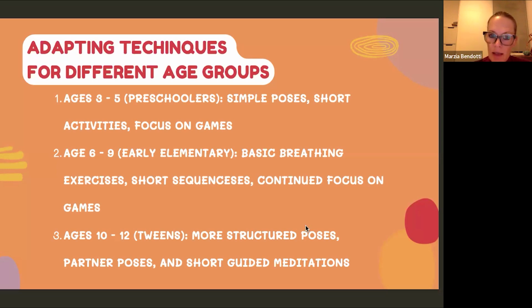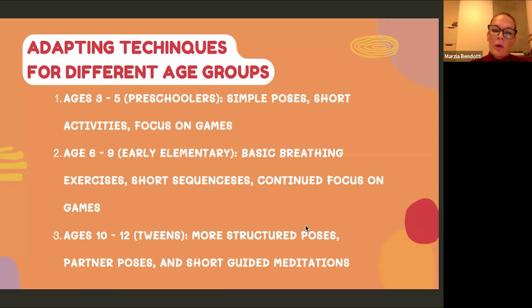At this age, they still love games, they still love stories, fairy tales, but they are also capable of more focused practice. When I work with children from 6 to 9, I use cards with colorful pictures of the poses, but in a different way than with smaller children.